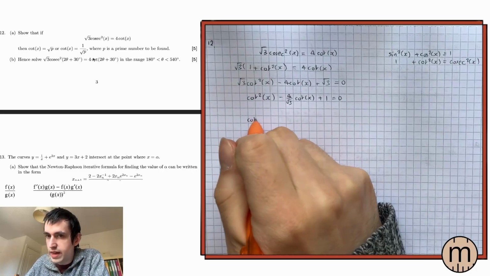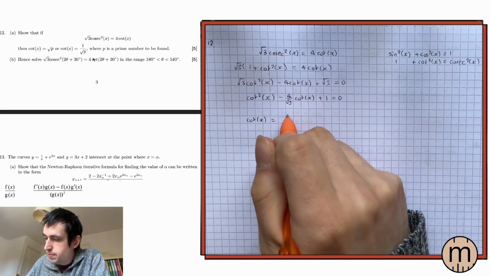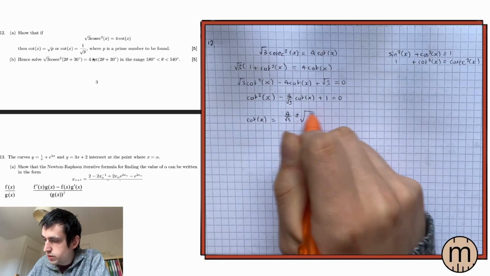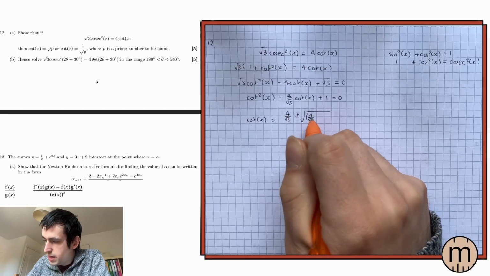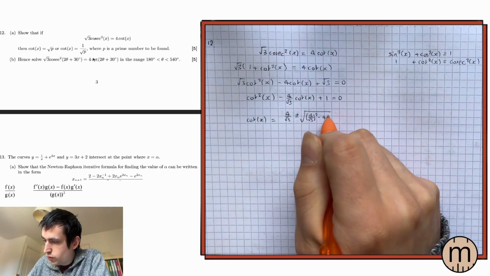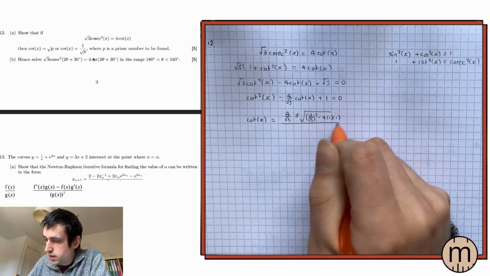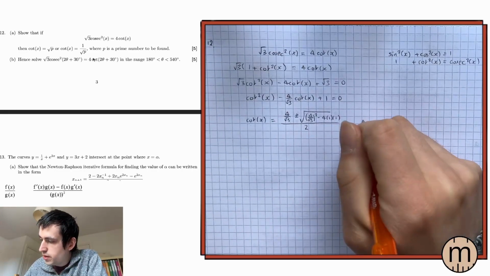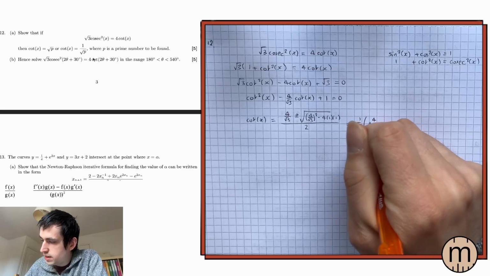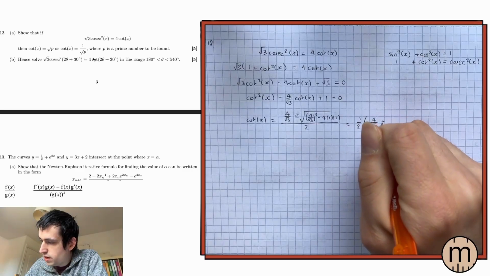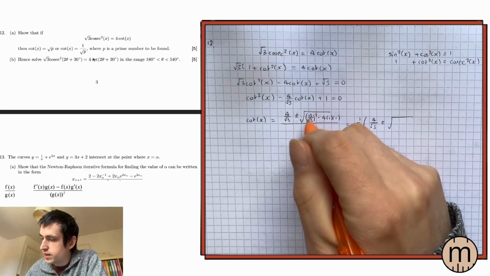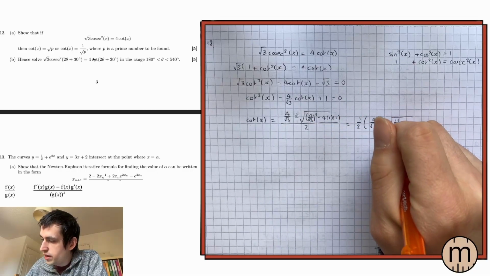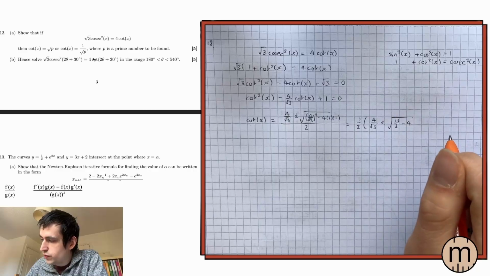So cot of x is minus b, which is this thing here, plus or minus the square root of b squared minus 4, a and c are just 1, divided by 2 lots of a, which is just 2. I'm going to put that 2 on the outside just to make it a bit nicer, and it's going to be half times 4 over root 3 plus or minus the square root of, let's square 4 to get 16, square root 3 to get 3, minus 4.